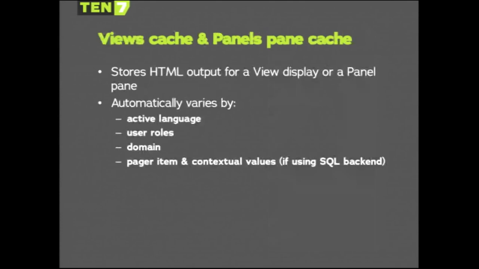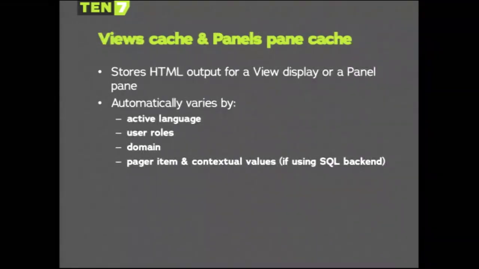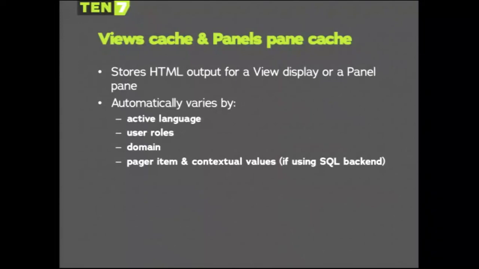So in addition to the block cache, both views and panels have their own mechanisms for caching the components that they expose for a page. The output for those things is stored as HTML, and it's retrieved and automatically keyed according to some very useful things in Drupal that you would want to have cached by, such as the language, the user roles that are going to be accessing the particular view or panel, the domain as well.